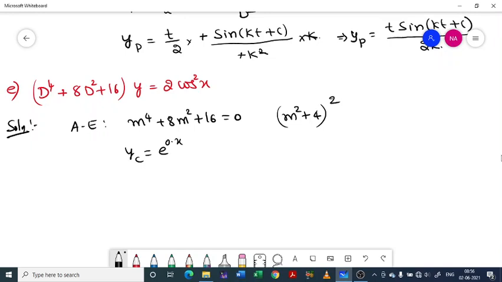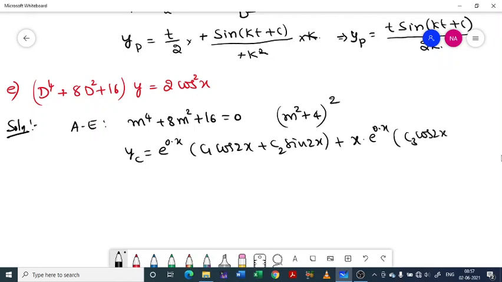What roots do you get actually? Plus or minus 2i, right? So e power 0 into C1 cos 2x plus C2 sin 2x, plus, again repetition, multiplied by x e power 0x, C3 cos 2x plus C4 sin 2x. So that is YC.